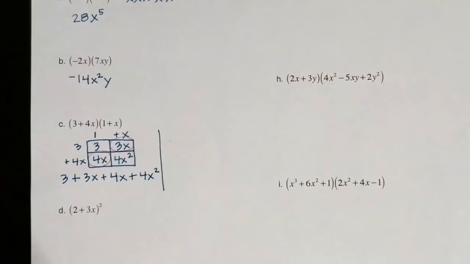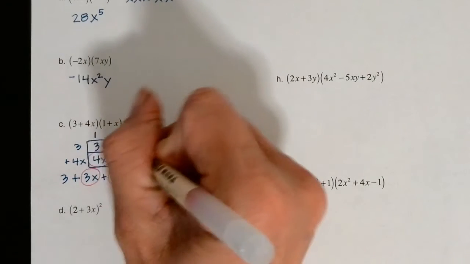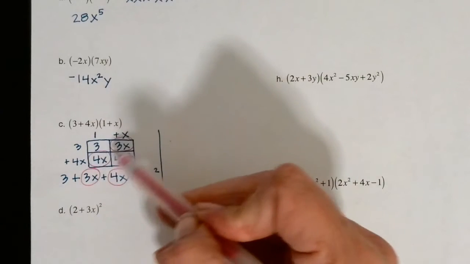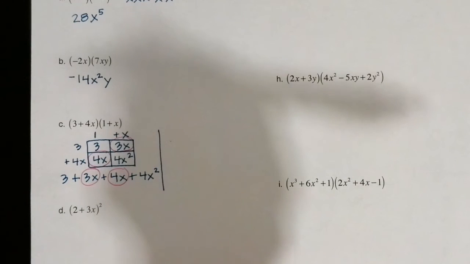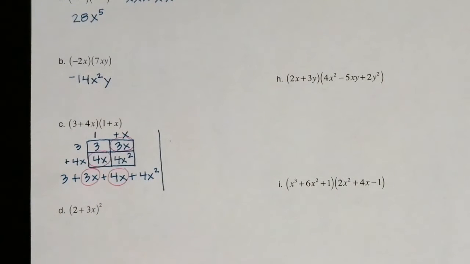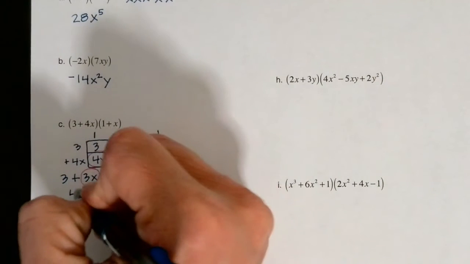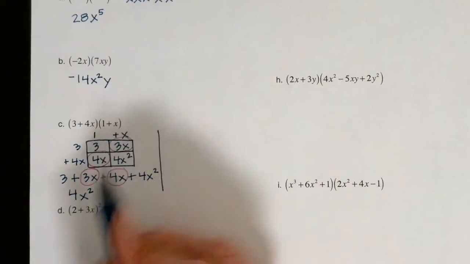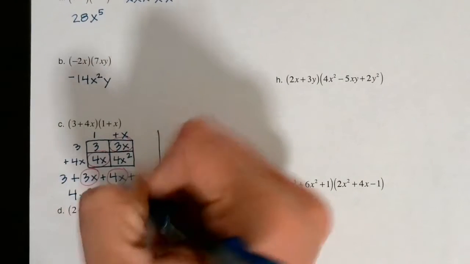But like I said, these are like terms, and the cool thing about the box method is usually the diagonals are like terms right here. So you would just combine those. And I'm going to put it in descending order by powers of x. So that means whatever the highest power of x is, that's the term that goes first. So x squared is our highest power of x, so it goes 4x squared. And then 3x plus 4x is 7x, and then plus 3.